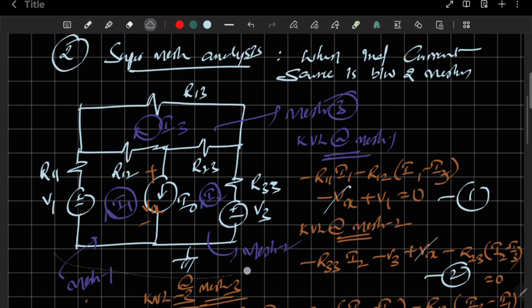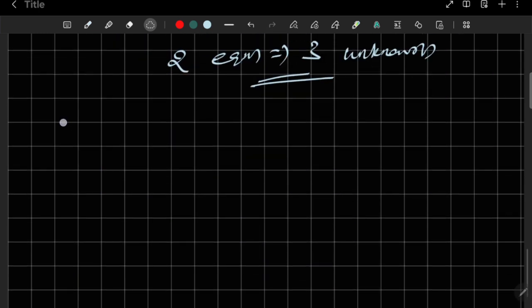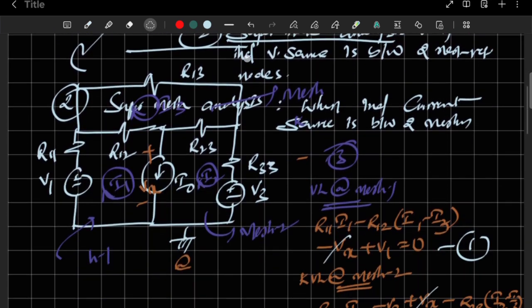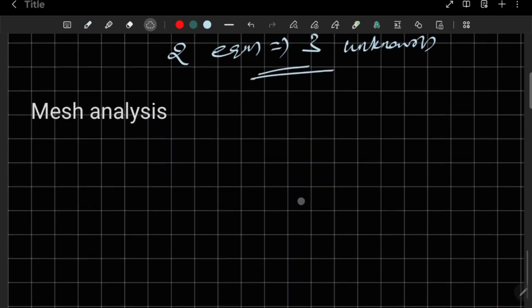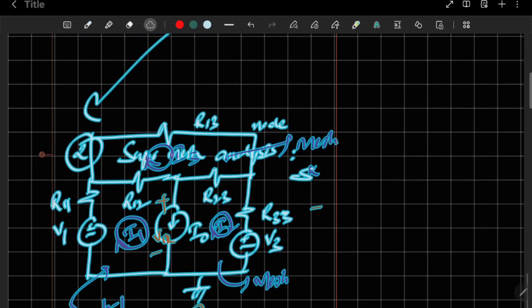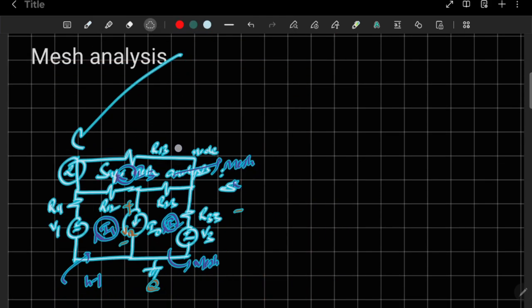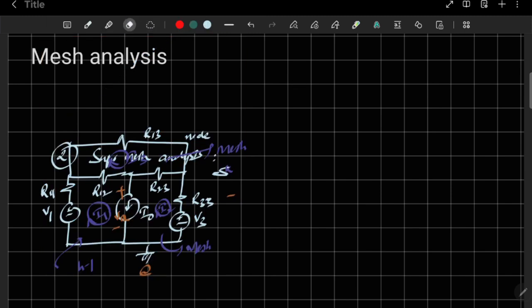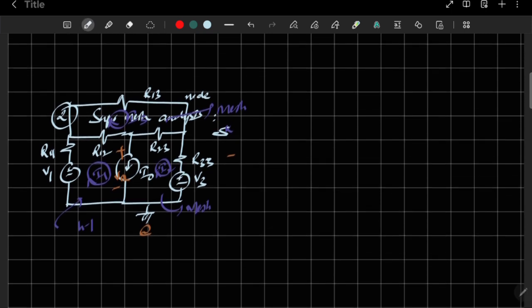Okay, here if you consider this particular circuit, if you write KVL combining mesh 1 and mesh 2, then you will get that fourth equation.